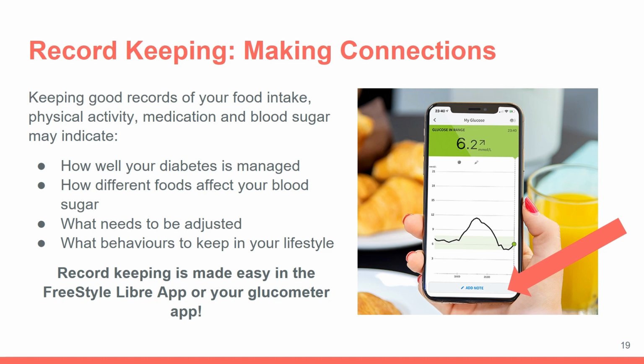By keeping record of the foods you eat and how they affect your blood sugar levels, you can make note of what behaviors should be adjusted and what behaviors should be maintained in your lifestyle. Record keeping is made easy in the Freestyle Libre app, where you can choose to add notes as shown at the bottom of the photo on this slide.